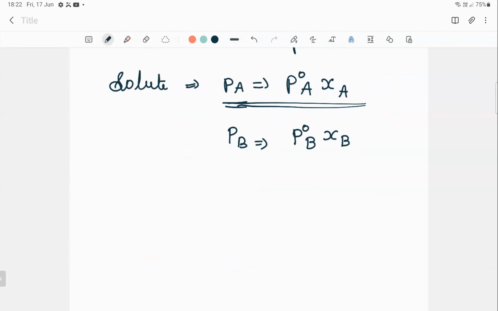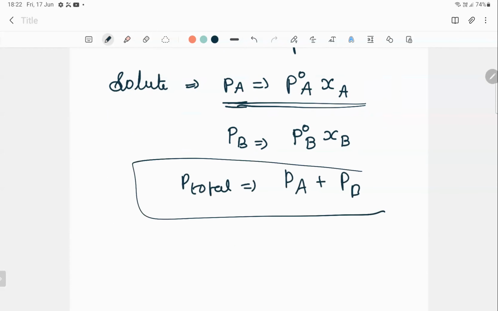This is nothing but vapor pressure of your pure solvent and its mole fraction. This is what is happening in the chamber when you need to see your PA. Now, what is the total vapor pressure of the chamber? Correct. P total is equal to PA plus PB. This is your sum.